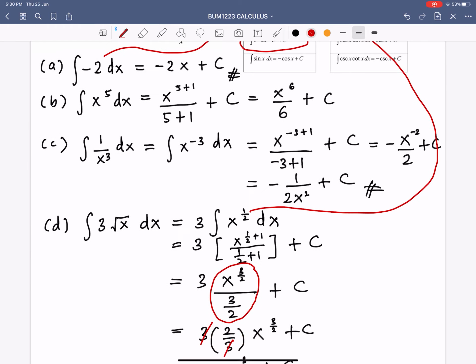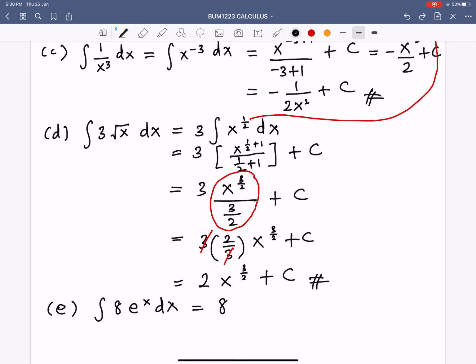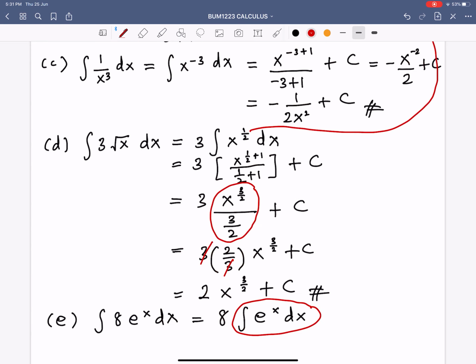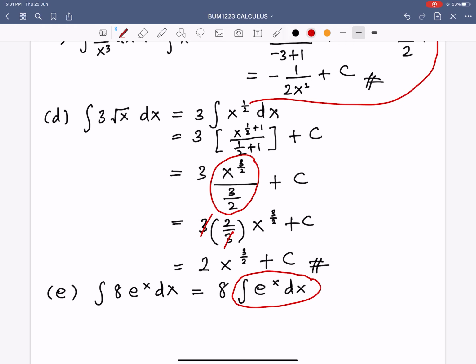This can be rewritten as 8 times the integration of e power of x dx. This part is the same as this one. The integration of e power of x dx is itself e power of x. So the constant remains there, and then multiply with e power of x plus c.